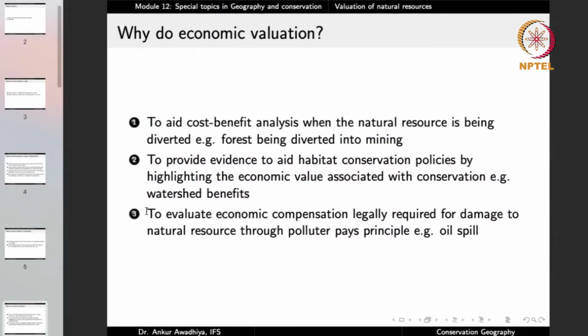And we also require economic valuation to evaluate economic compensations legally required for damage to natural resources through the polluter pays principle, such as oil spills. Now it turns out that most of the industries will try to cut costs to boost their profits.